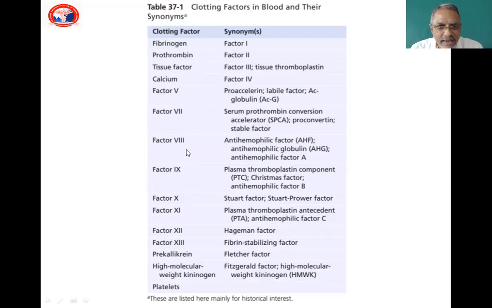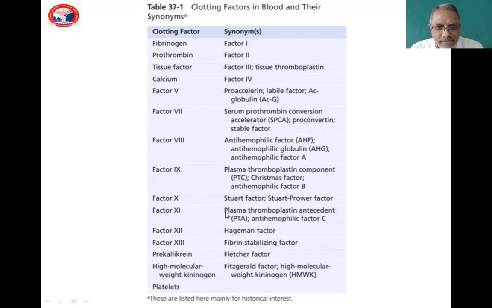And factor 8 is anti-hemophilic factor, anti-hemophilic globulin, intrinsic pathway. Factor 9 is plasma thromboplastin component, not tissue thromboplastin, and factor 10 is Stuart-Prower factor.